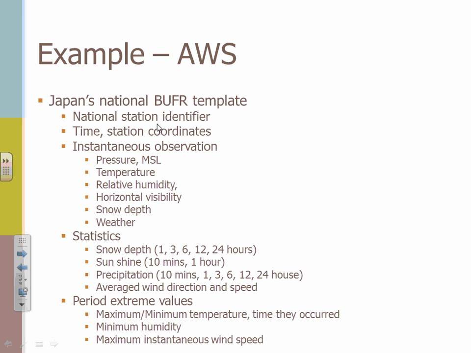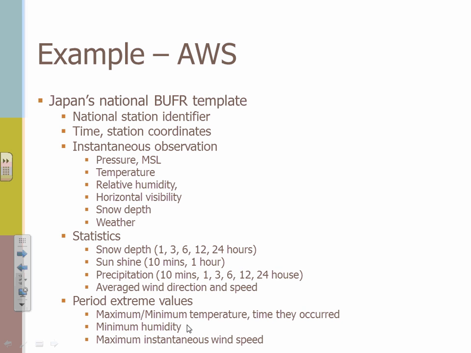These are the same as European ones, I think. But the physical quantities are limited to this, and we include all these statistics and period extreme values. These are very specific to Japan's product.